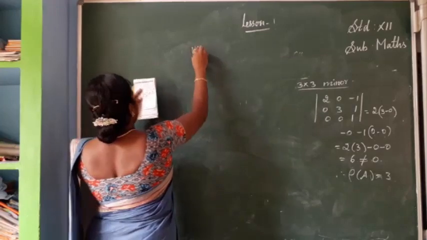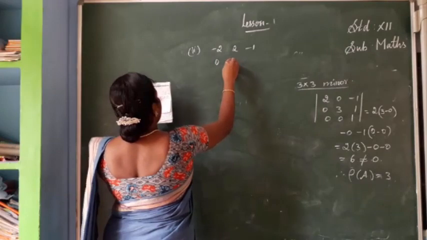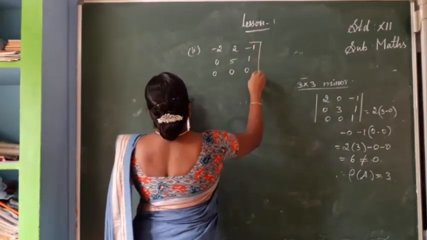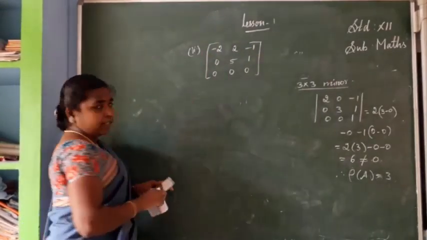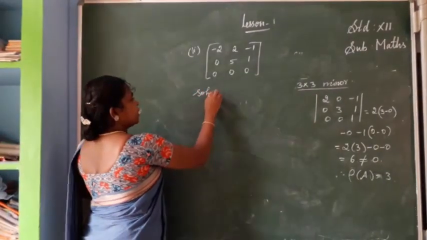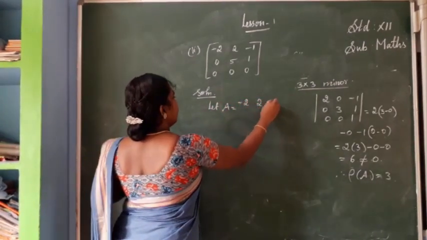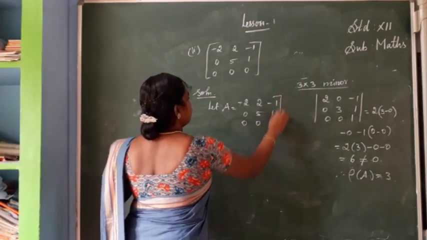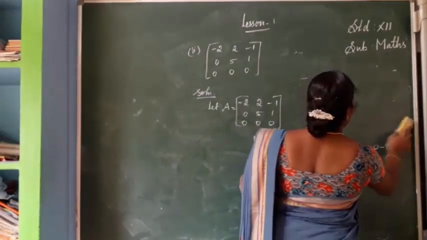The second subdivision is minus 2 2 minus 1, 0 5 1, 0 0 0. Here also first take A. Solution. Let A equal to minus 2 2 minus 1, 0 5 1, 0 0 0. First you have to write the order of the given matrix.